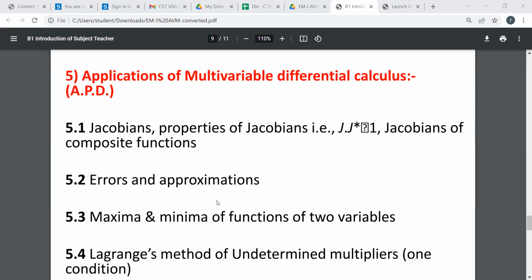Then maxima and minima we also know. And one more, Lagrange's method of undetermined multipliers, depends upon derivatives only. There is a particular formula to find the derivative by using Lagrange's method. So here I am going to start directly with the Jacobian of a given function.